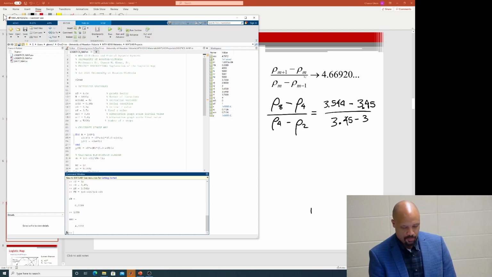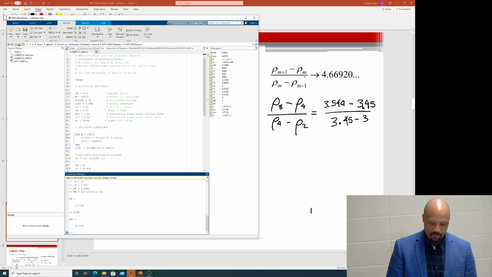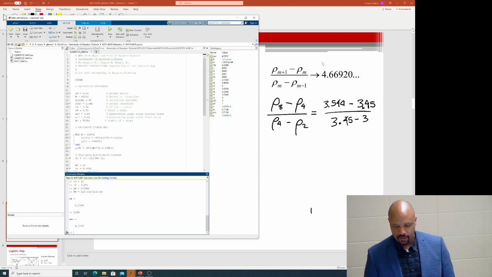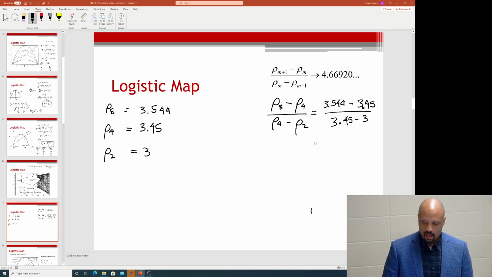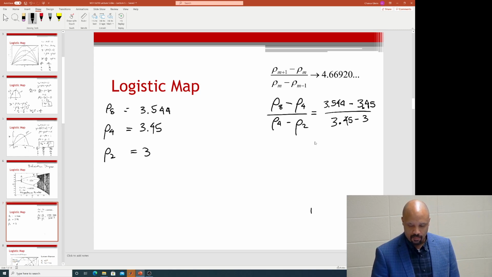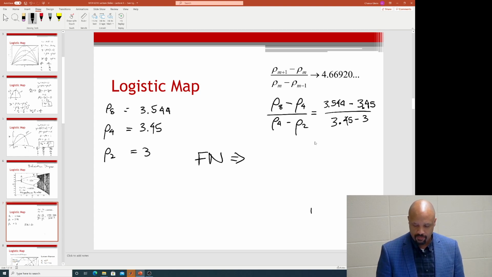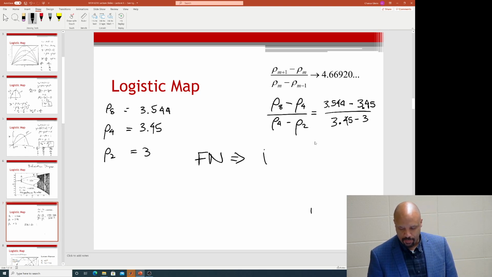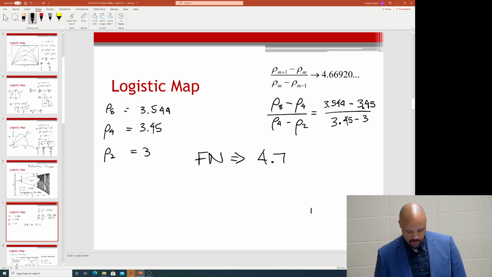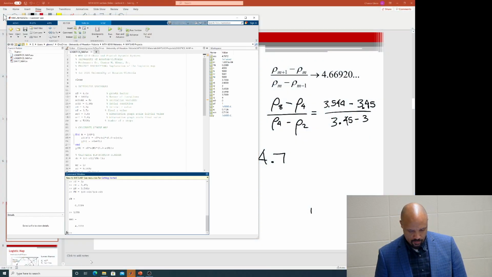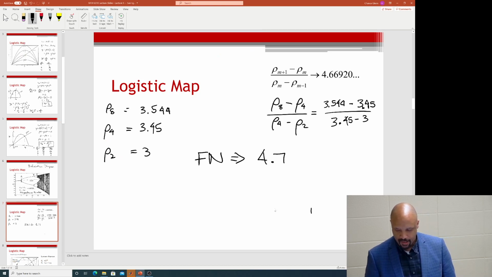I'll check on that. But as you can see, this number 4.79 is very close to the Feigenbaum number, which should be around 4.669. I'll check on the sequence and values of this, but it's an estimate.